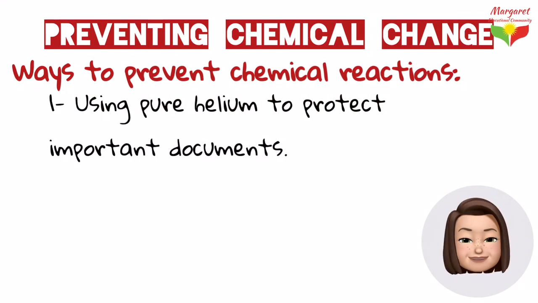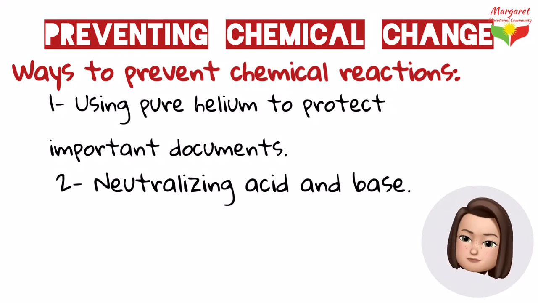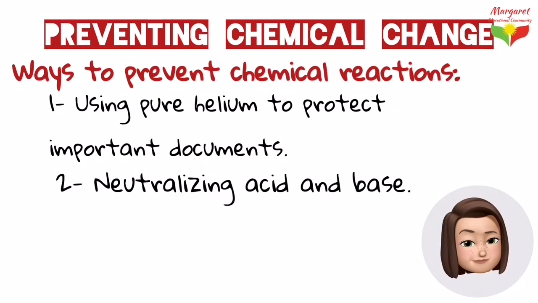To do so, they have to protect them in pure helium that prevents the document surface from coming in touch with oxygen, which might react with them and damage them. Another method is neutralizing acid and base. Like in modern books, they are printed on paper in which acids have been neutralized with base. Because of that, the papers won't gradually crumble from reaction with the acids.